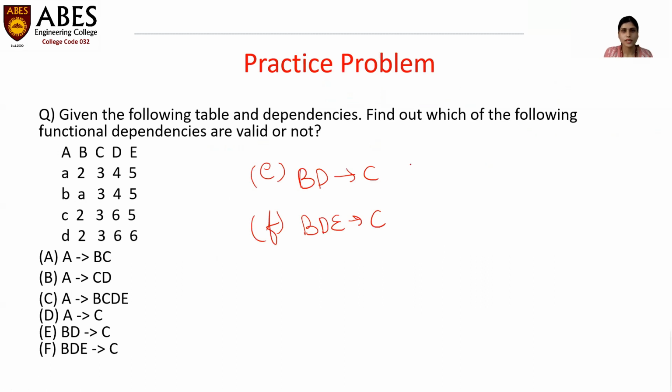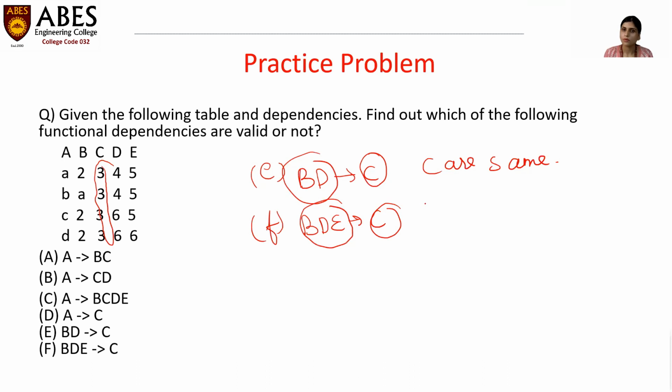Here in this scenario, we can see that all the values of beta, here beta is C, are C. So we need not check the value of alpha.